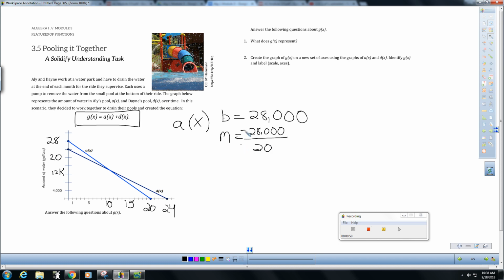Keep in mind, we've lost 28,000, so it is a negative. So that is negative 1,400 gallons per minute. And that makes a of x negative 1,400x plus 28,000.